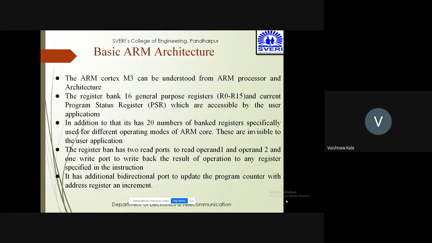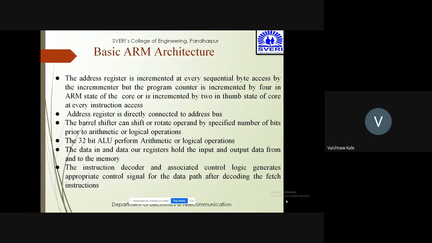So all these features are in the architecture. Then the address register is incremented at every sequential byte accessed by the incrementer, but the program counter is incremented by 4 in the ARM state of the core, whereas it is incremented by 2 in the Thumb state of the core.